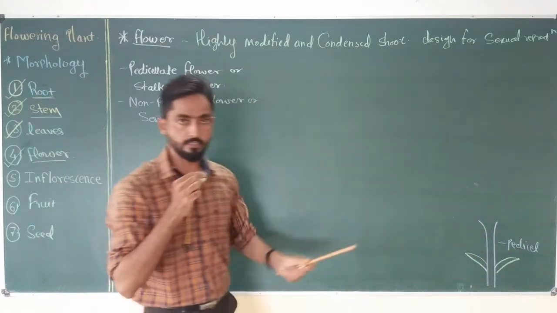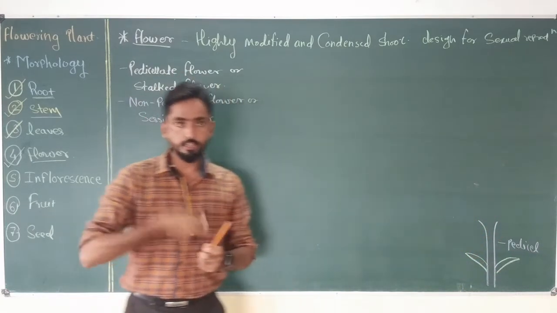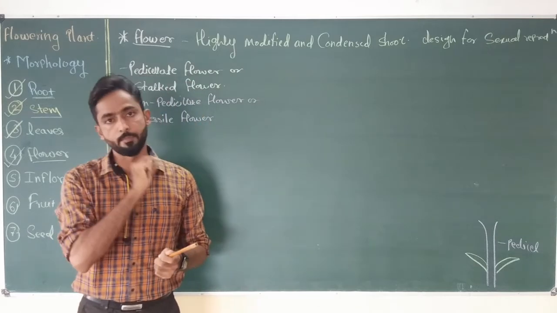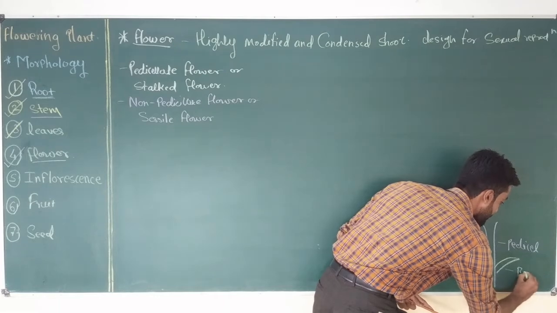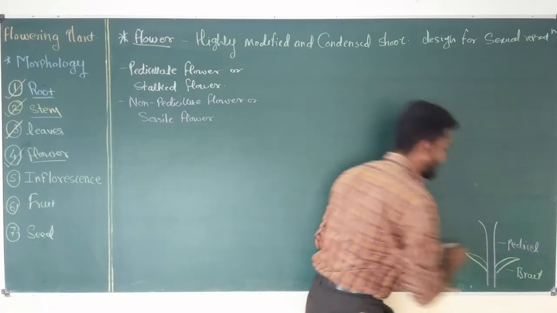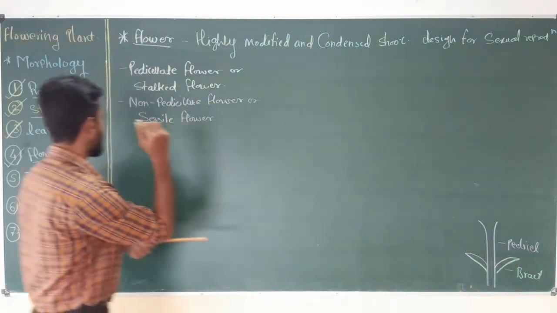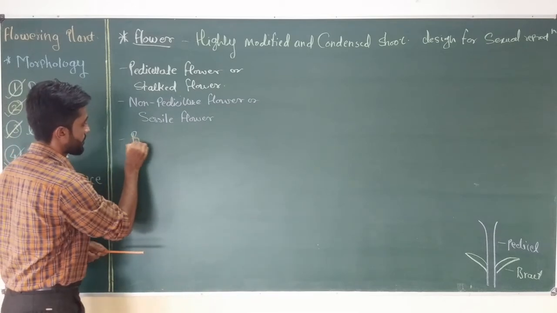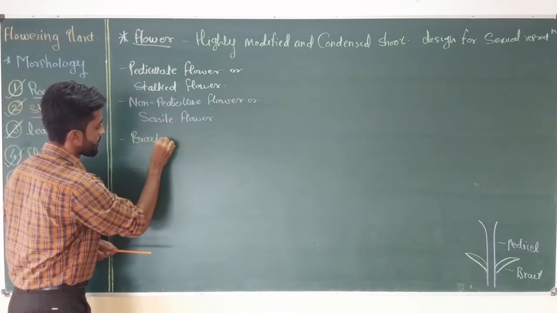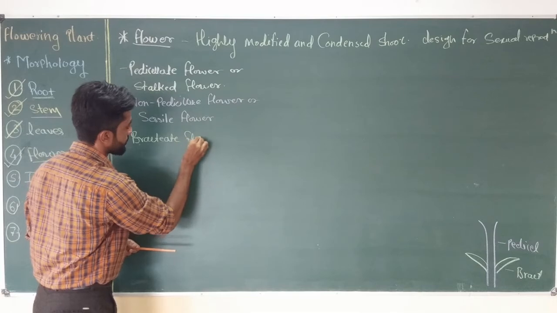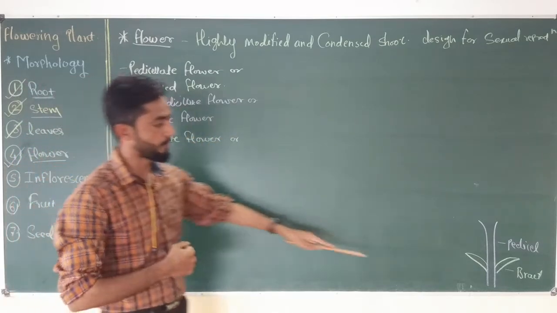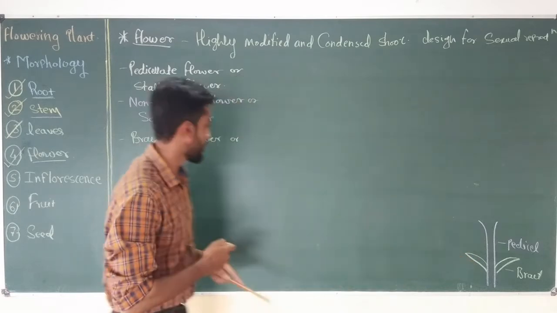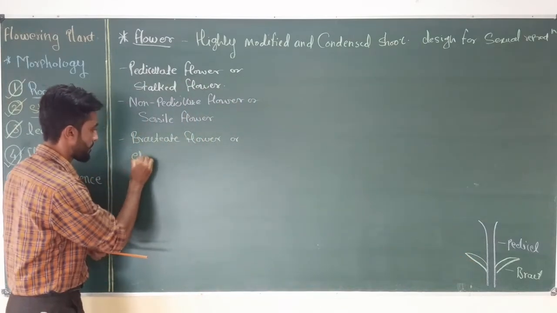This type of flower arises from the axil of a small leaf, and this leaf is nothing but the bract. So if the flower has a bract, it is called a bracteate flower, while some flowers do not show such a bract, and they are called ebracteate flowers.